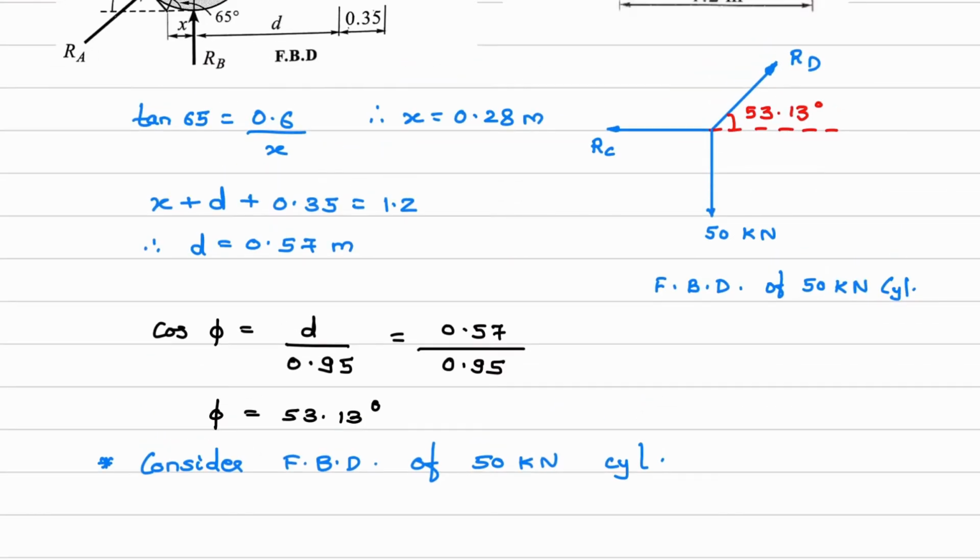Now by Lami's theorem, what we can write? This 50 divided by the sine of the angle between the other 2 forces. What will be this angle? It will be 180 minus 53.13. So I will write down the value of that angle in the diagram. This angle comes out to be 126.87 degrees.